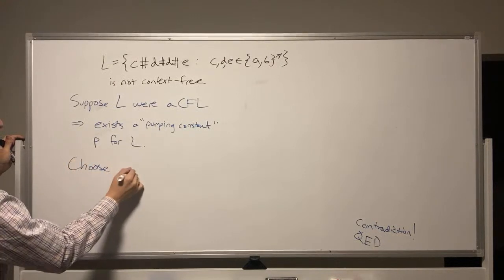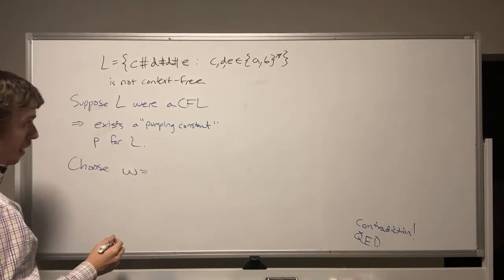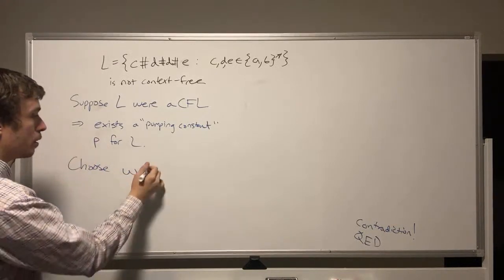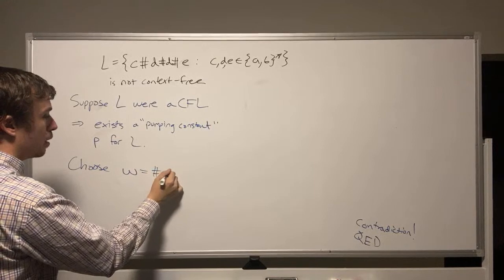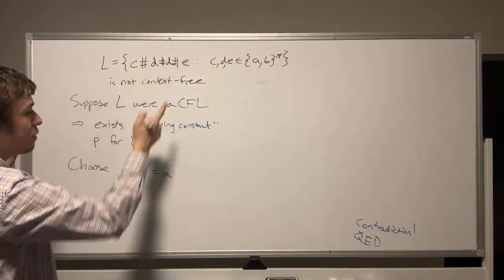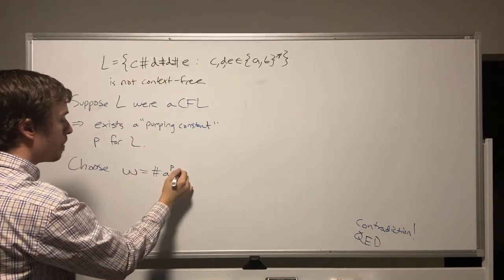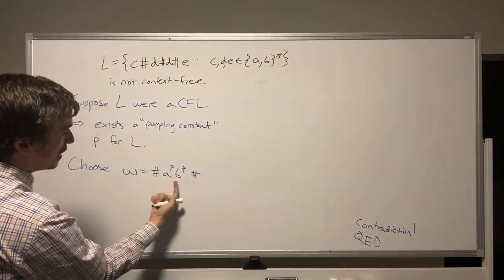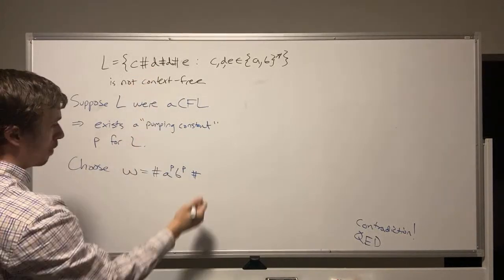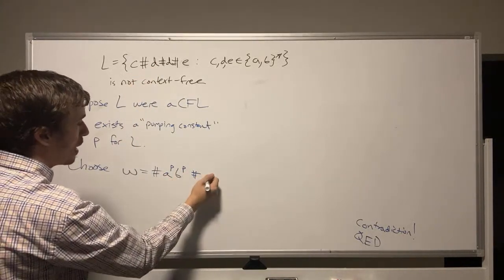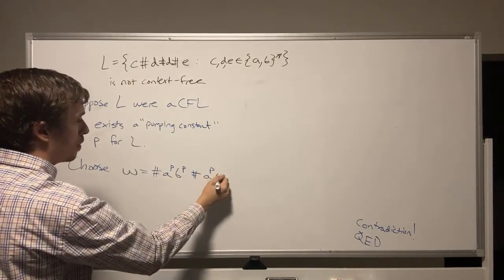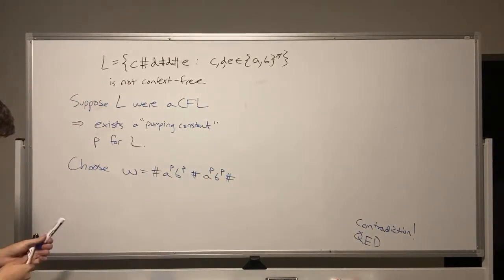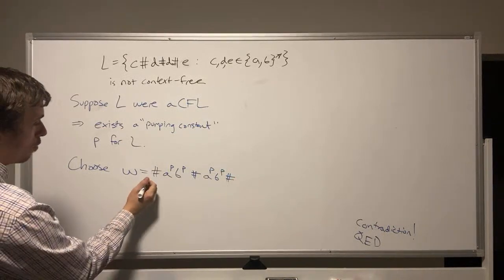So let's pick a string. I'm going to choose a string W, and you don't have to choose this particular string. The pound signs have to be in there. So A to the P, B to the P, and this is the D right here. And I'm going to have the same thing twice. I'll mark where the parts are.